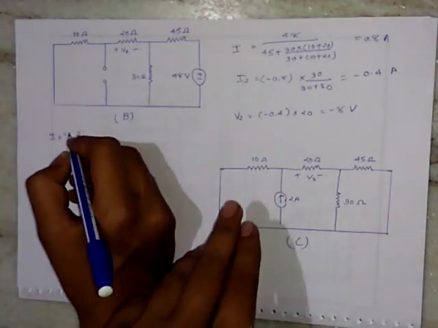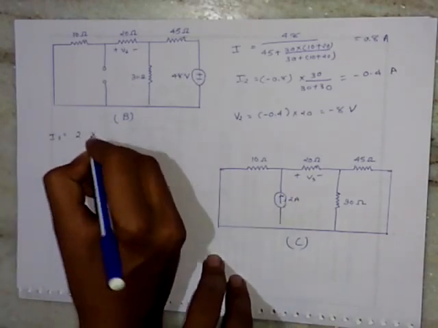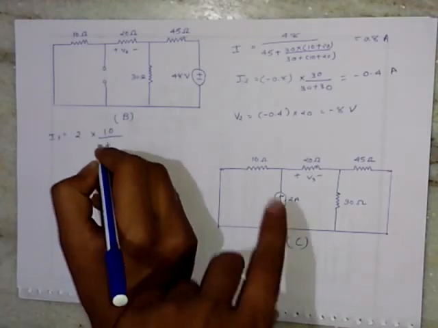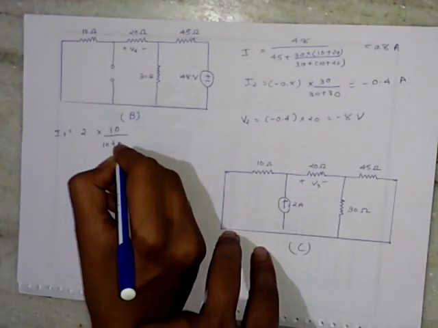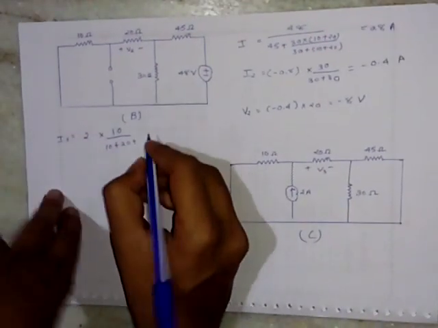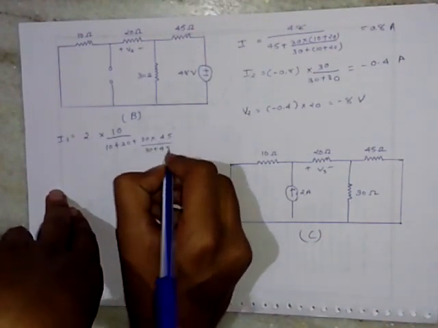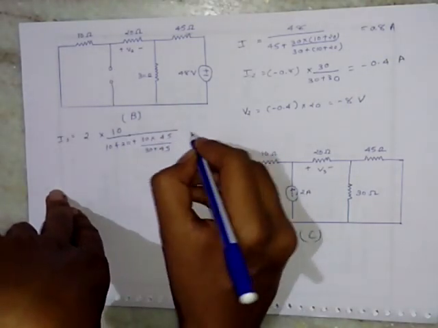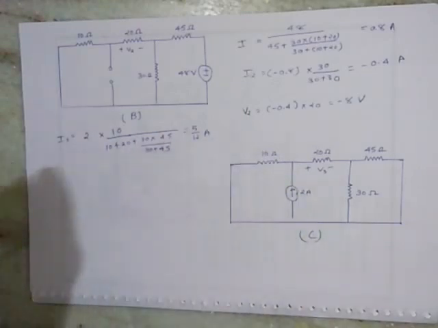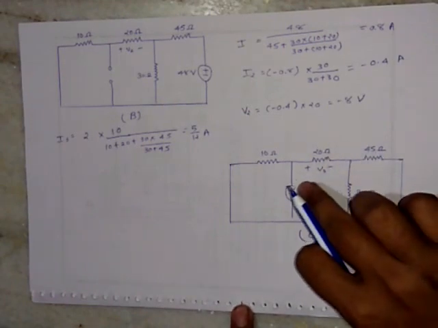The current division rule will also be applicable here, which is equal to 2 multiplied by 10, that is the opposite branch, divided by 10 plus the total resistance, that is 10 plus 20, plus these both are in parallel, 30 and 45, hence 30 multiplied by 45 divided by 30 plus 45. The equivalent answer will be nearly equal to 5 by 12 ampere. That will be the current through the 20 ohm resistance due to the 2 ampere source.